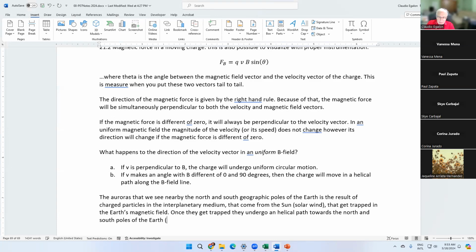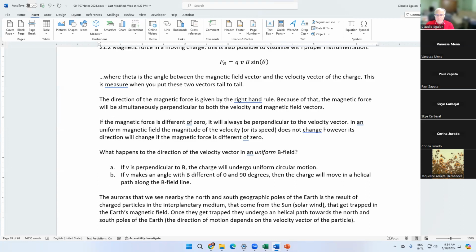Okay, and the direction of motion depends on the velocity vector, right, of the particle.